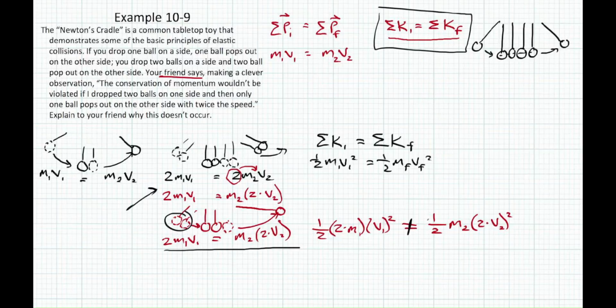It's because you must balance momentum, and you must balance, or you must conserve, kinetic energy. There you go. It's example 10.9, and we're going to be dealing with more balancing of momentum and kinetic energy in future problems. So I'll see you in the next video.